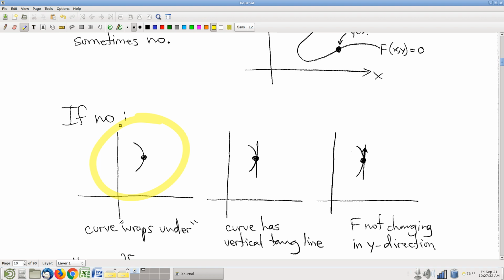The curve wraps under itself. It's the fact of it wrapping under itself that makes it fail the vertical line test. Specifically, it has to be in the moment of wrapping under itself at exactly that point. Well, that means it's going to have a vertical tangent line.